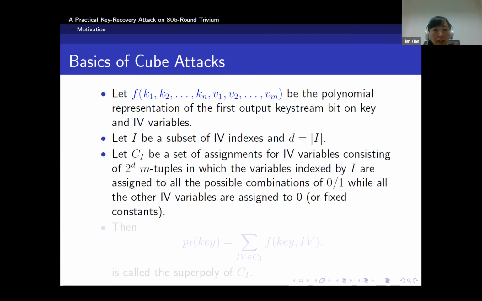Then C_I is a cube, which is a set of assignments for IV variables consisting of 2^d tuples, in which the variables indexed by I are active variables, which means they are assigned all the possible combinations of 0 and 1, while all the other IV variables are assigned 0 or some fixed constant. Then the summation of the function f on the cube C_I will give the superpoly of C_I on key variables.